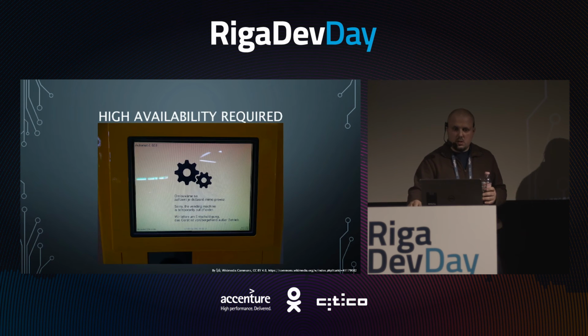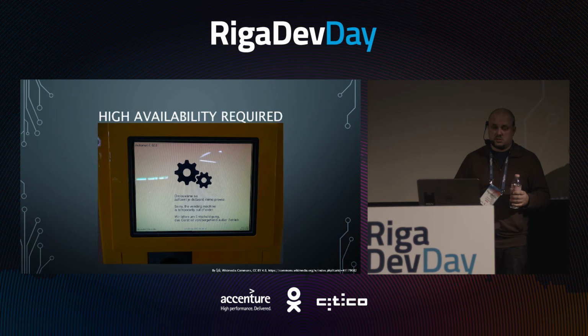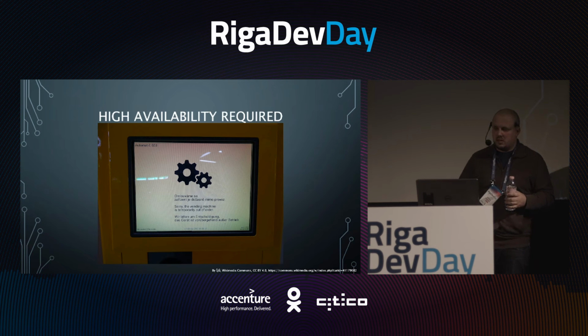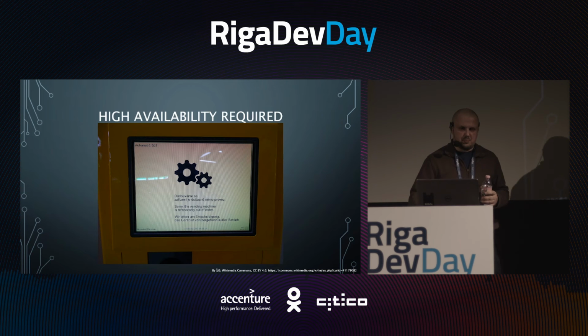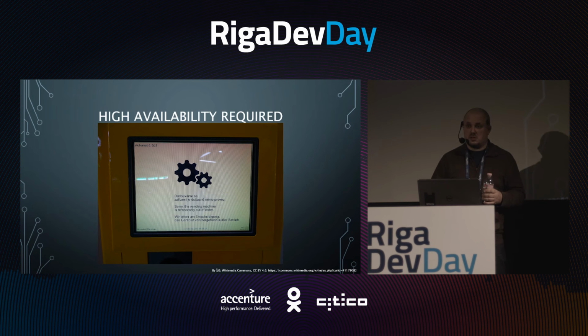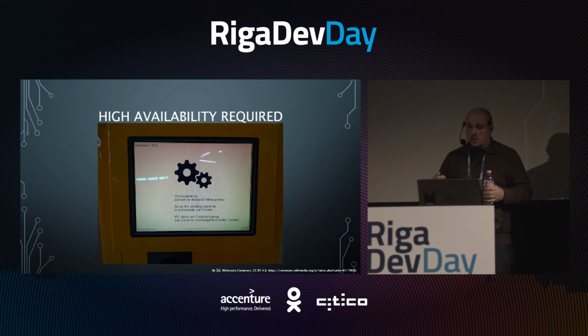For instance, when high availability is required, of course, microservices is a good way to solve it, because the probability that you will have all your services down is much lower than if your system consists of a cluster with 2 nodes and the whole cluster breaks at one time.